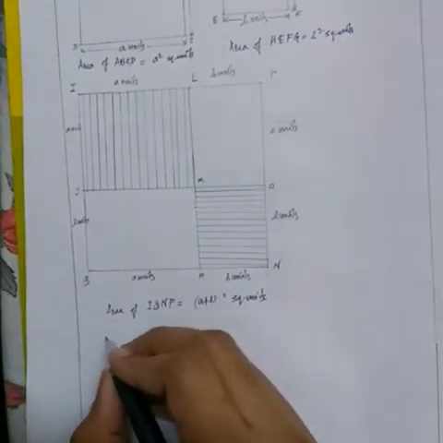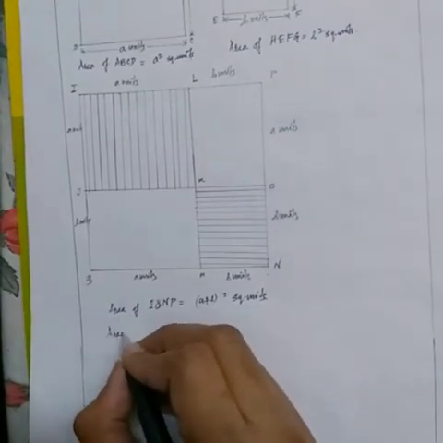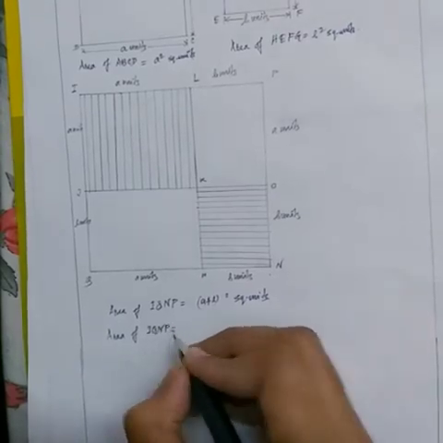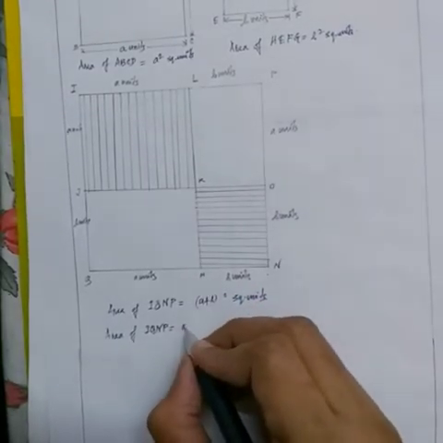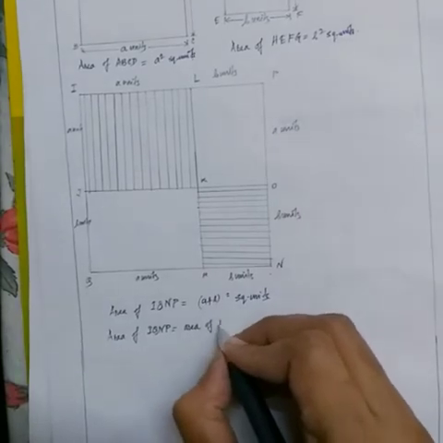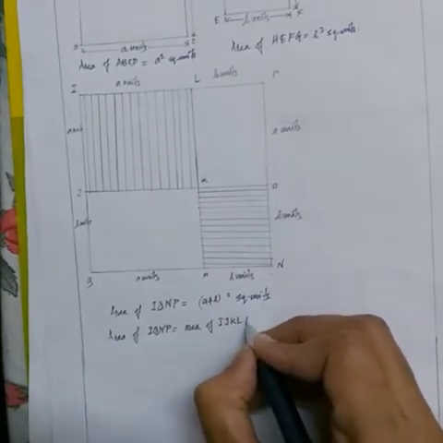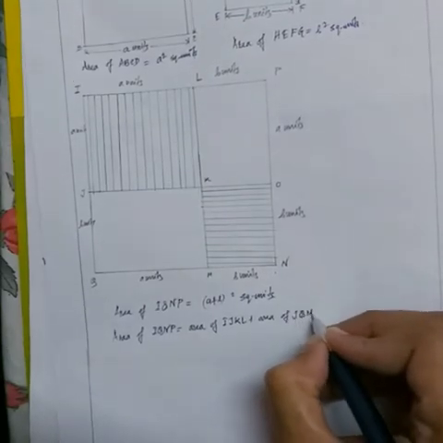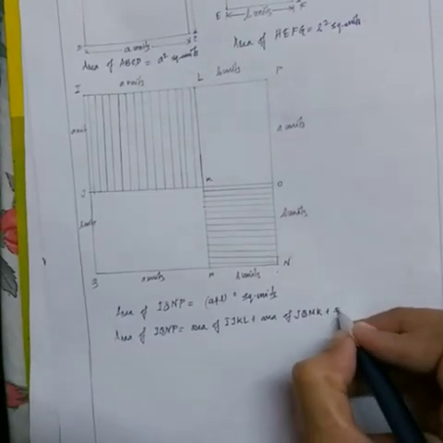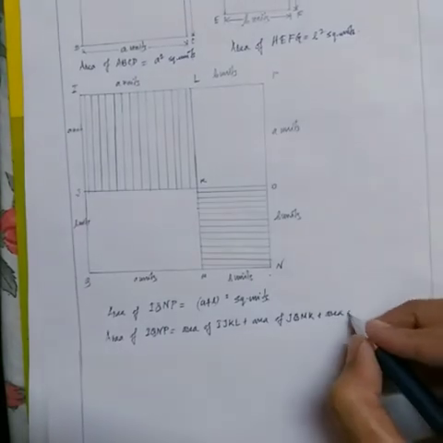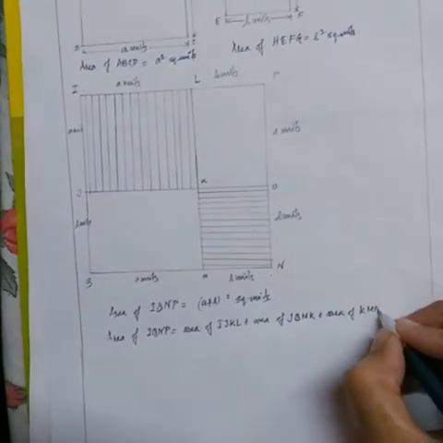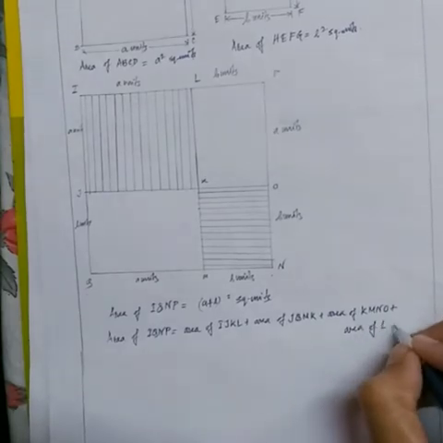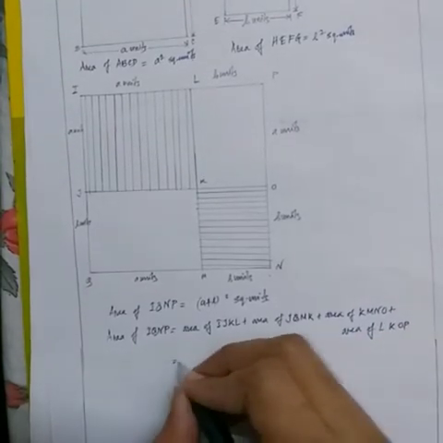So let us write: area of IQNP is equal to area of IJKL plus area of JQMK plus area of KMNO plus area of LKOP. I hope this is clear.